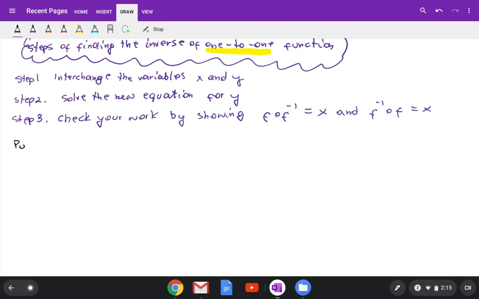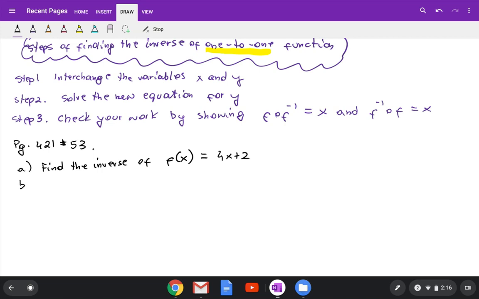Again, going back to your textbook, this is page 421, number 53. There are a couple of things they ask you to do, A and B. In part A, they ask you to find the inverse of the function f of x with the given equation 4x plus 2, which is definitely one-to-one.